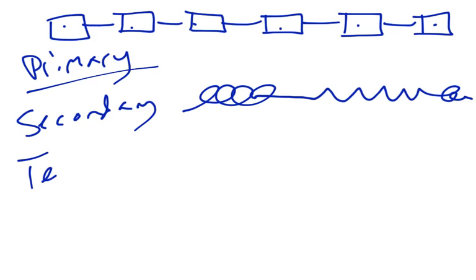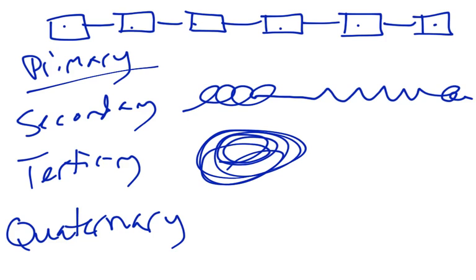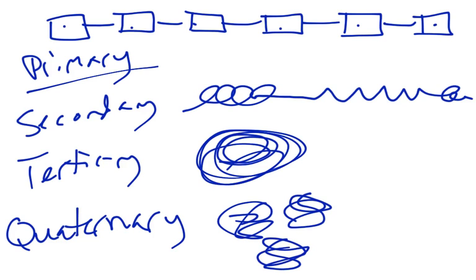And then you have tertiary. Once you have those localized structures, the whole polypeptide chain will ball up, fold up into a ball. And then the last one is quaternary. Quaternary is if you have a bunch of polypeptides together, more than one.